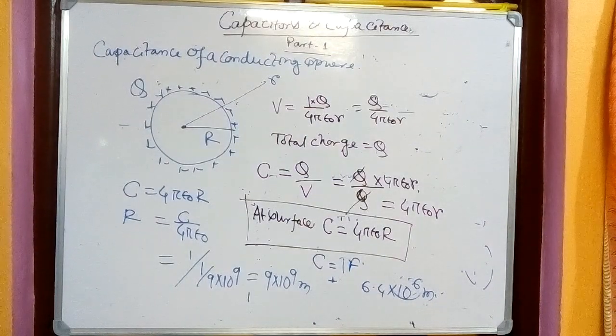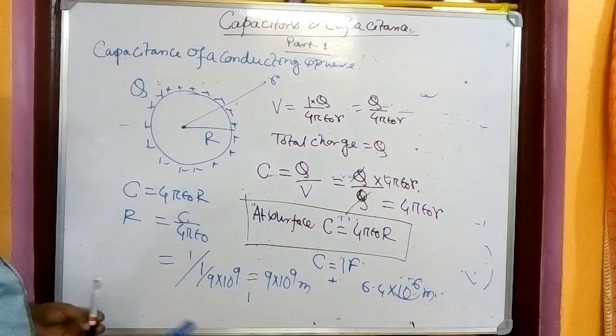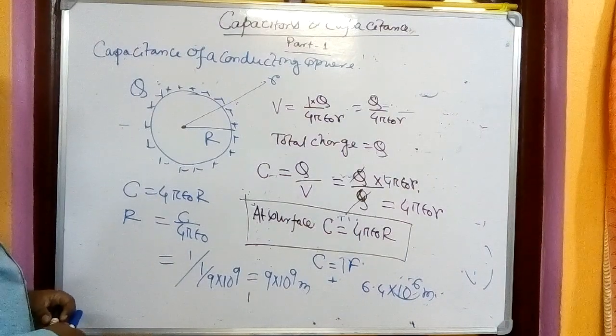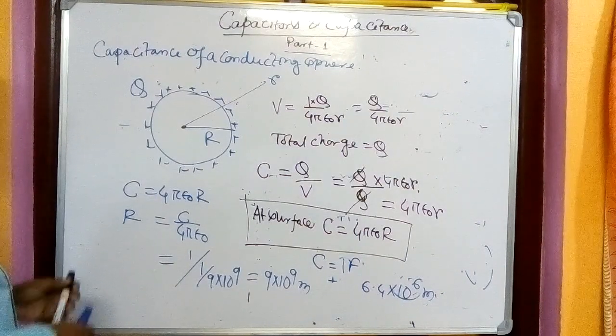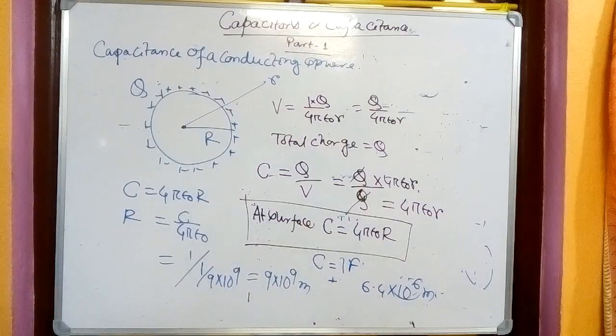To store means if I take 1 coulomb of charge, the potential increases by 1 volt. For that we need a sphere of size 9 into 10 to the power 9 meter. So we can imagine how large it is. This is one of the important reasons that we take a capacitor which has parallel plates, and that is very important for your syllabus.